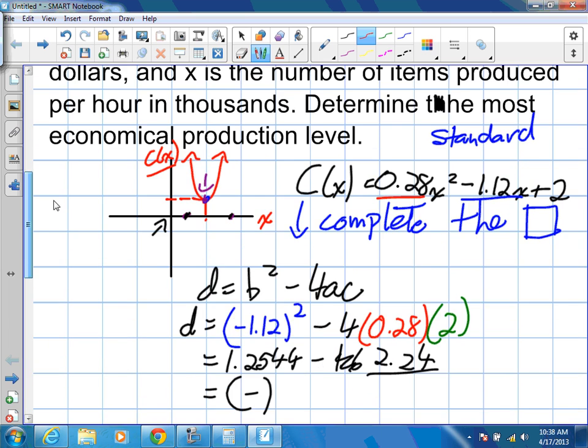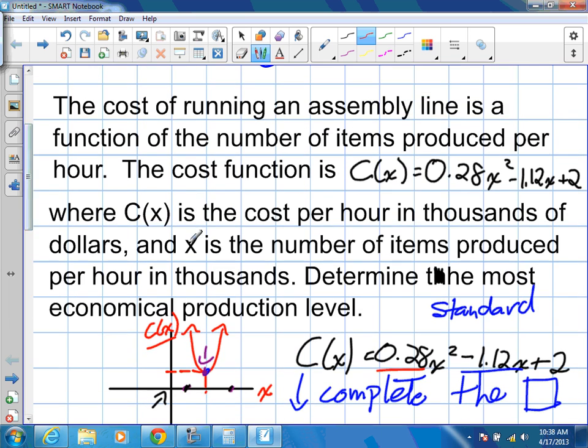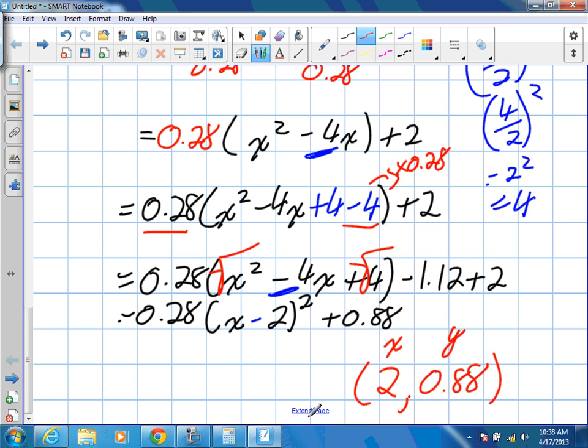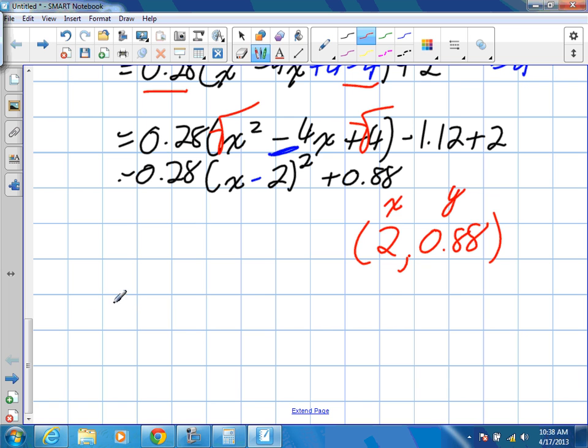Our cost per hour was in thousands, which means that's our y value. So to actually find out what our real cost was here, what do we do with this 0.88? Times by 1,000. So we get 880. 880 what? Dollars per hour.